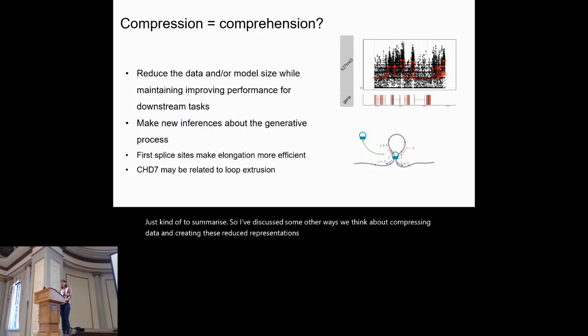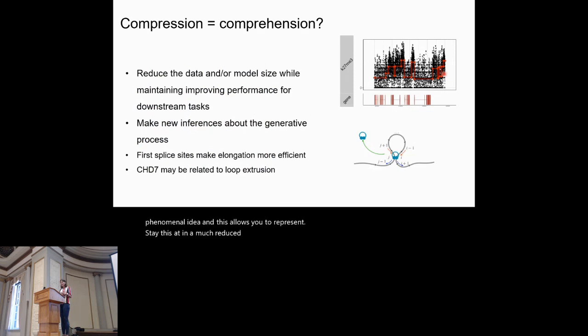To do so, maybe you need to understand something about the data, or maybe you will understand something about the data once you do it. Obviously, to create the differential loop extrusion, we had to have this idea of loop extrusion, which we didn't invent. This was a phenomenal idea. And this allows you to represent a complex data set in a much reduced form.